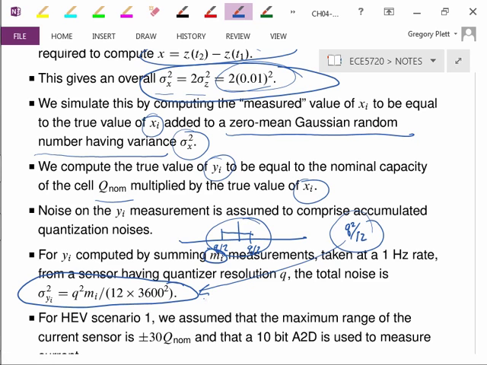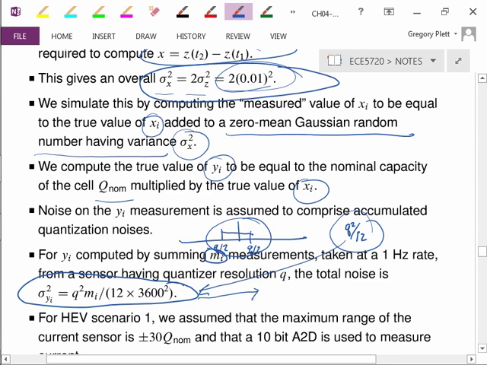Okay, so I have a true Yi, I've got a sigma Yi. I can compute the actual noise from, if I sum up a whole lot of uniforms, central limit theorem says I'm going to, in the limit, get a Gaussian, so I can add measurement noise based on this variance to the true Yi.